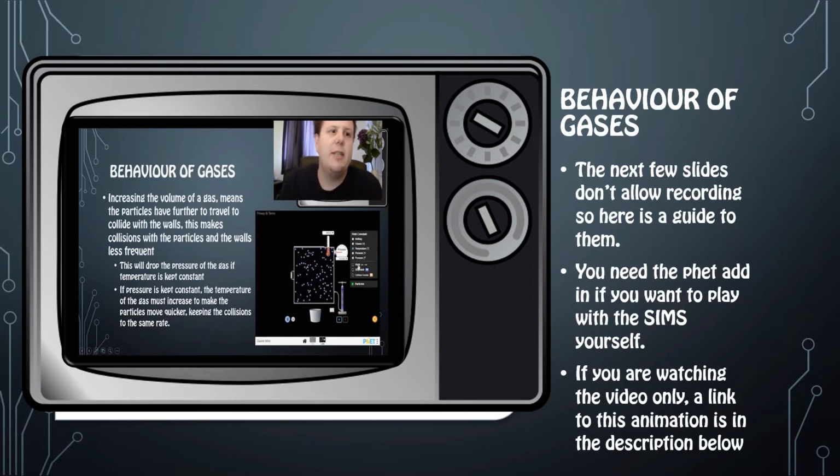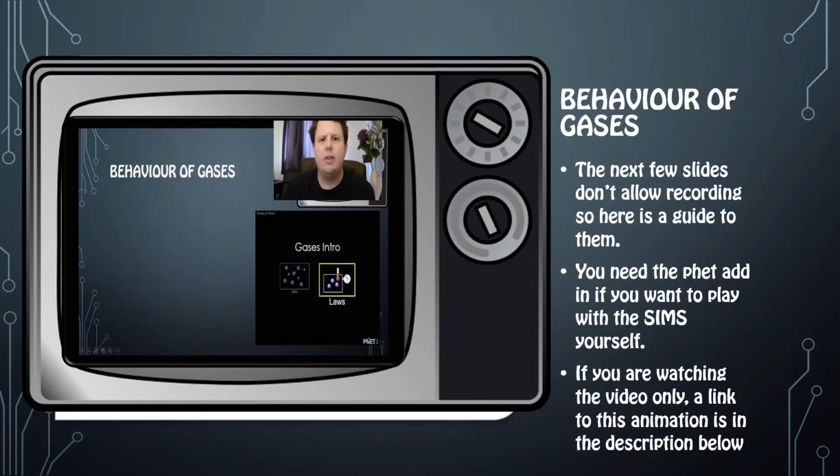Now this time, if we keep pressure constant but vary the volume, we can see that to keep that pressure constant, we've got to add more heat in, raising the temperature of our gas, so that those molecules move quicker, so they collide with the wall at the same rate as we had before.